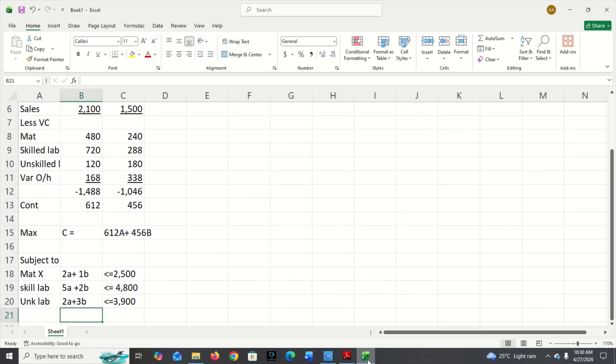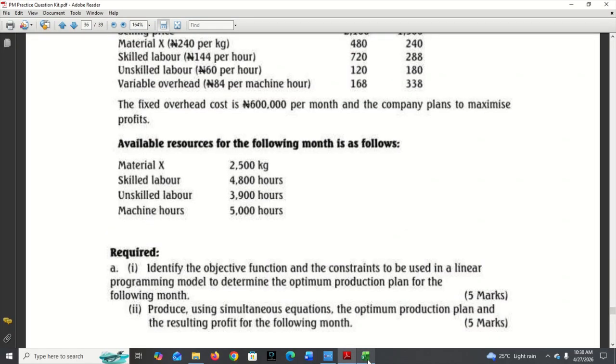Then lastly, we have machine hours, which is available overhead. For our machine hours, how much do we have? We have 168 divided by 84. That will give us 2.